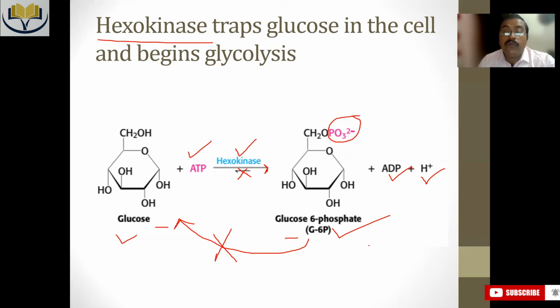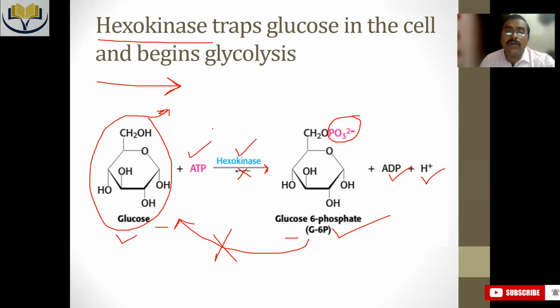So now, why is this step important, the formation of glucose 6-phosphate from glucose? Glucose, if you look at its structure, doesn't contain any charge. So when glucose enters the cell via different carrier proteins, if that glucose is not utilized, it will leave the cell because it doesn't have any charge.